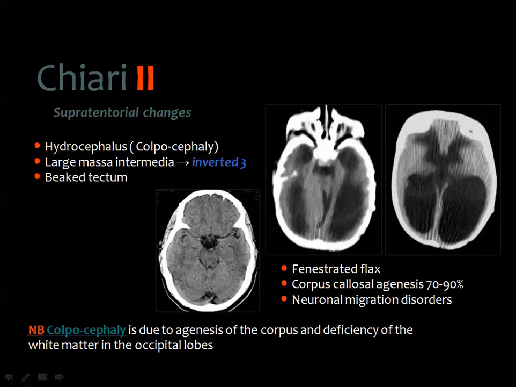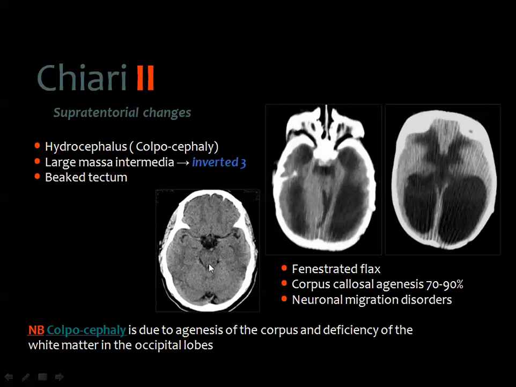Then the supratentorial changes, the changes above the level of the fourth ventricle. Number one, you see hydrocephalus, and this is one of the major manifestations of Chiari-2 malformation. Number two, you see beaking of the tectum. You know that this is the quadrigeminal cistern, and the area in the quadrigeminal cistern of the midbrain is known as the tectum.